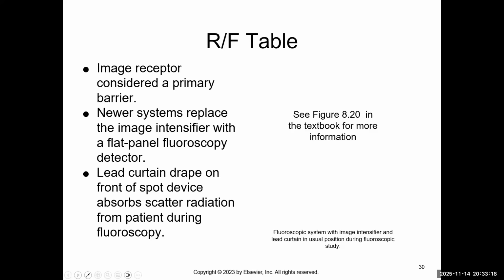On the fluoro tower as well, we have a curtain or a drape that is made of lead. The purpose of the curtain is to protect, of course, the radiologist and the tech that are standing right there close and up in person with the patient from that scatter radiation. But a lot of times you'll see with the radiologists in these cases, I guess they feel like this curtain is in the way.